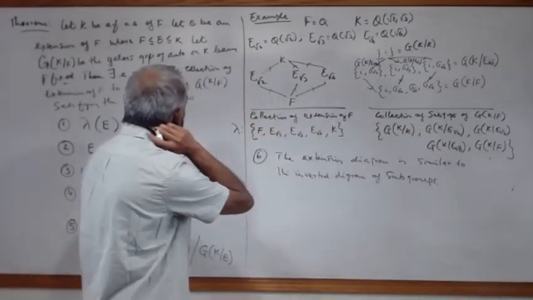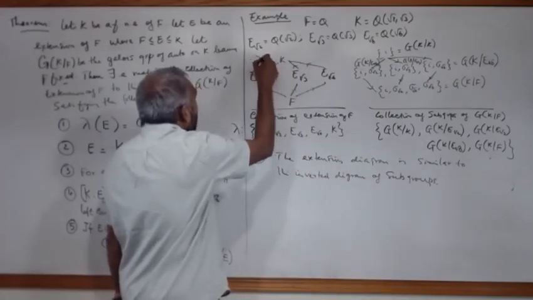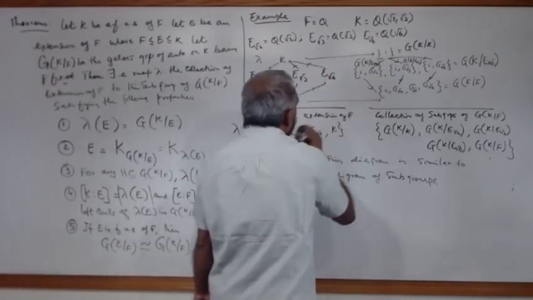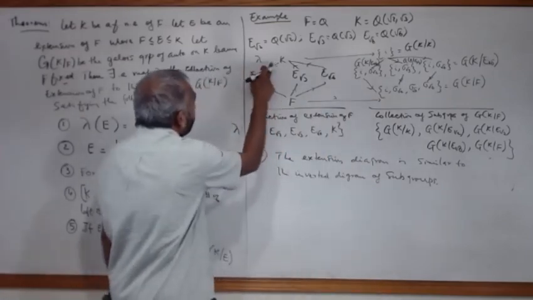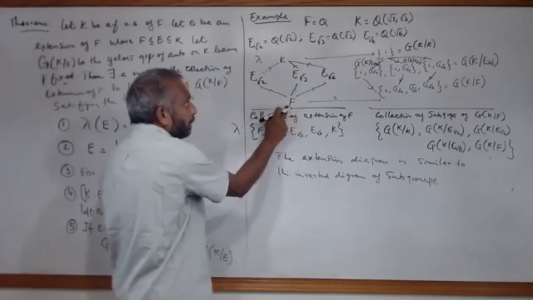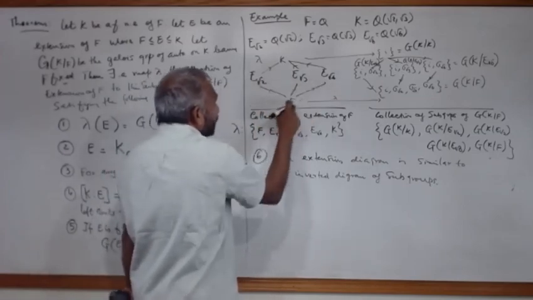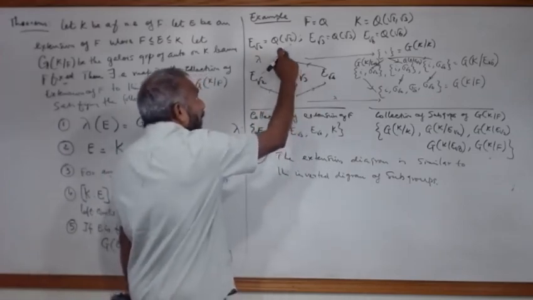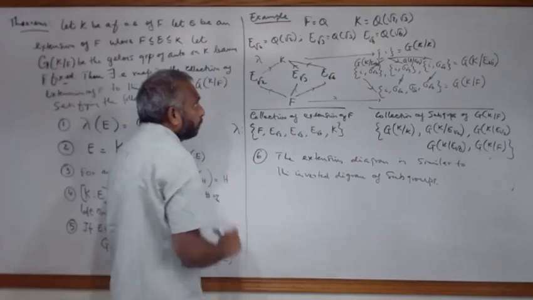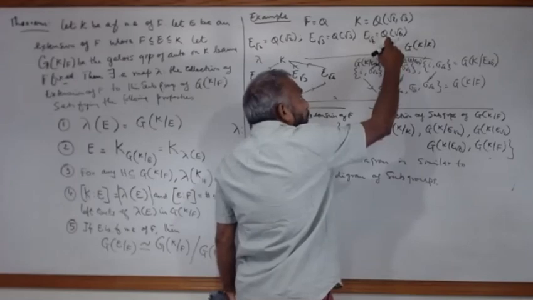What I'm trying to say here is, when you map, lambda takes K to this and F to this. But if you look at the diagram here, the smallest field is at the bottom, and these are all extensions of F, and this is the largest extension of F in this diagram. Whereas here, this is the trivial subgroup, only one element.